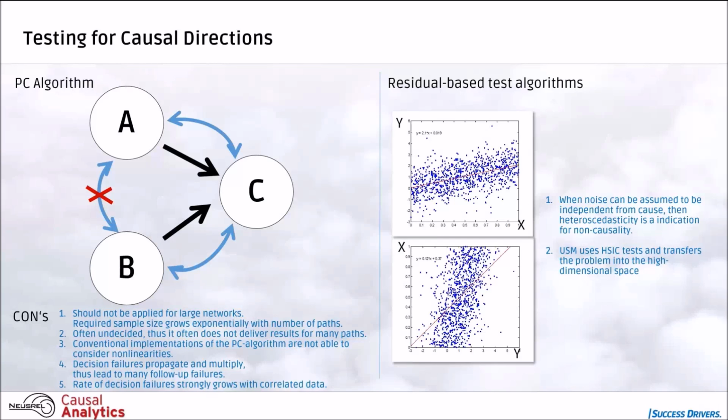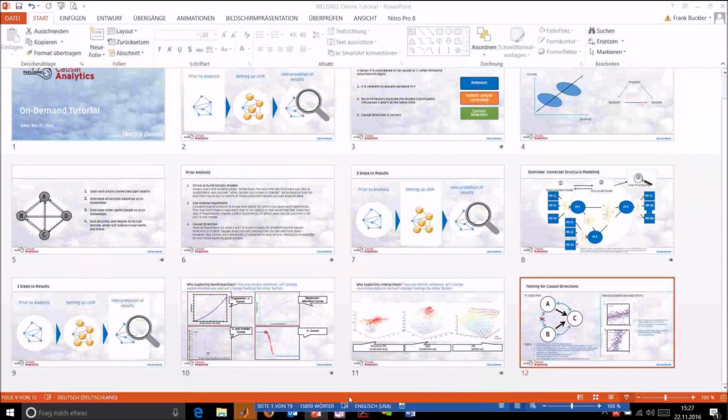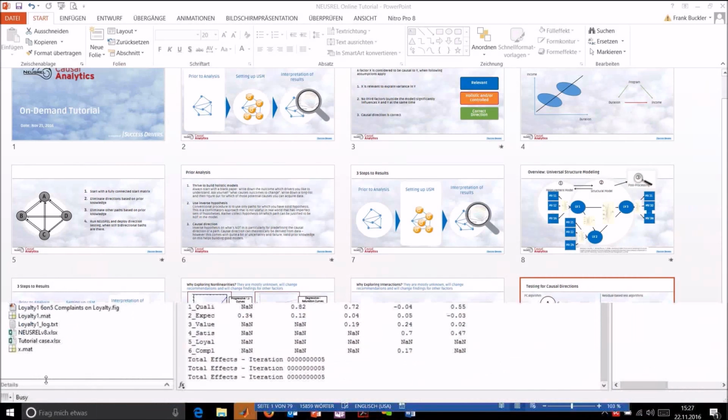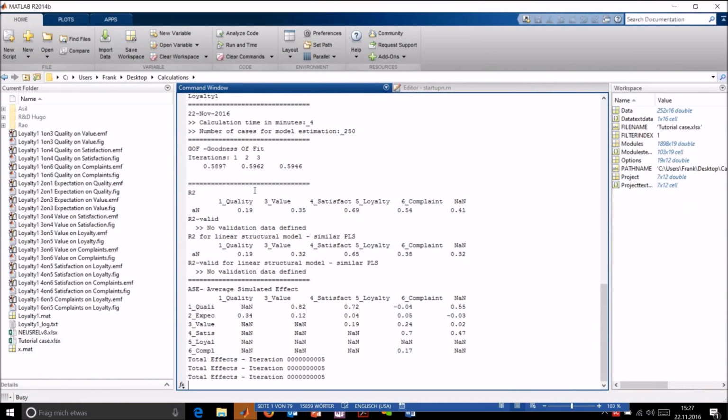And this logic must be translated into the higher dimensional space, and this is what we have done in NEUSREL software. Okay, let's look into the calculation. So it already finished the calculations.